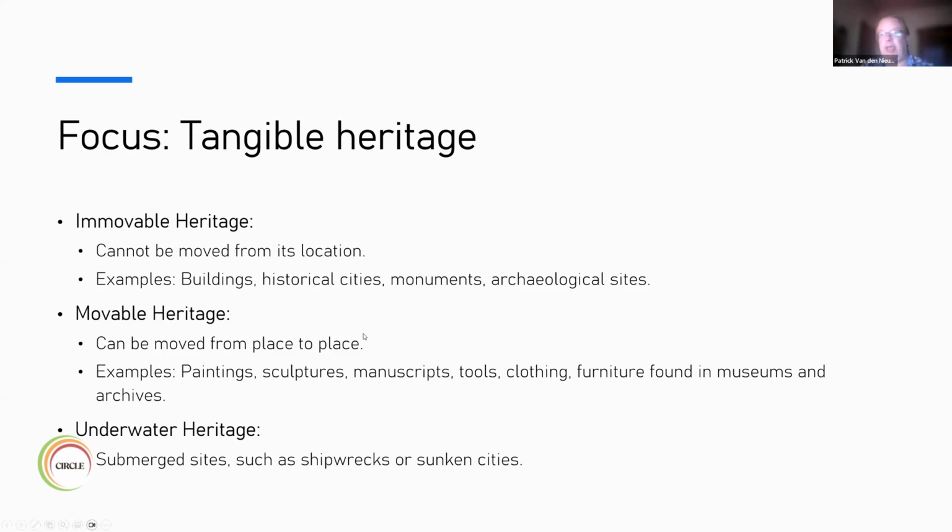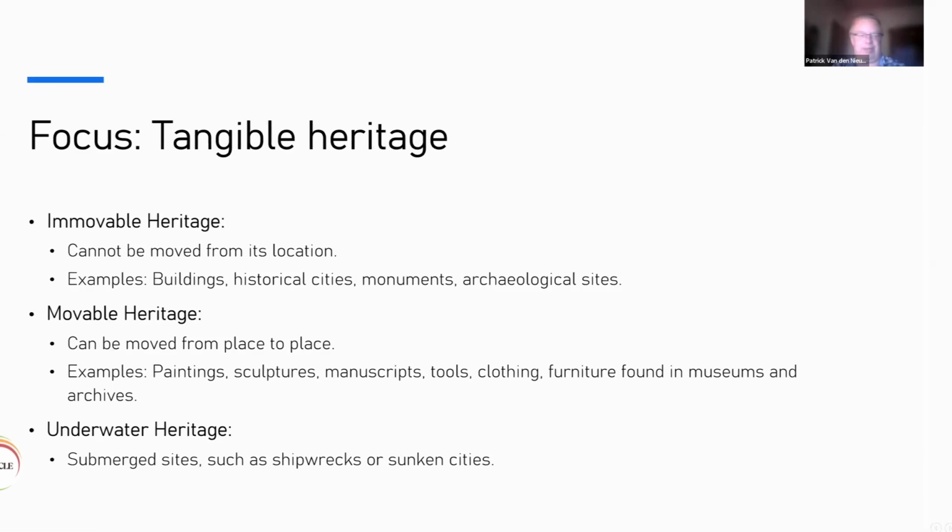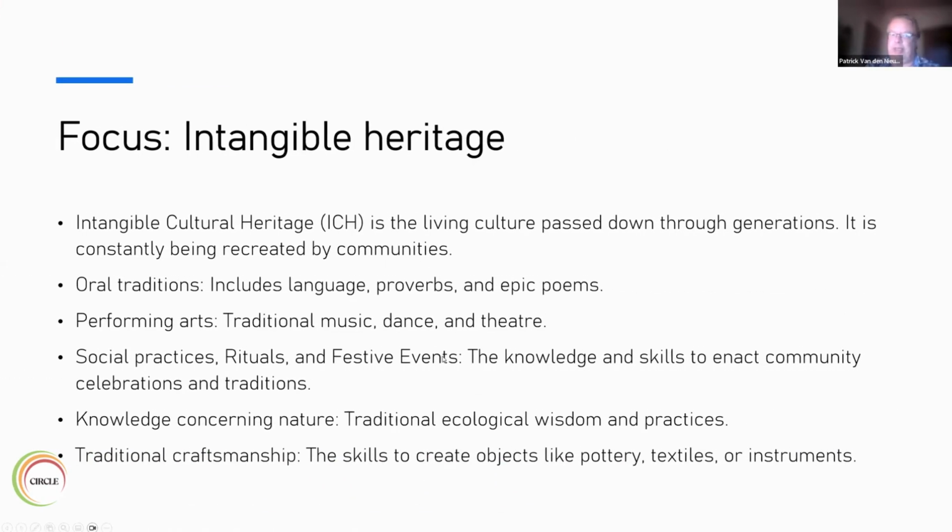And then a specific category is the underwater heritage, but also very important, everything that you can find on or below the sea level. For you, also very important is the intangible heritage, because we will work in this project a lot with this kind of heritage. The intangible heritage, those that you cannot touch, but that are present in your family, in your organization, in your community.